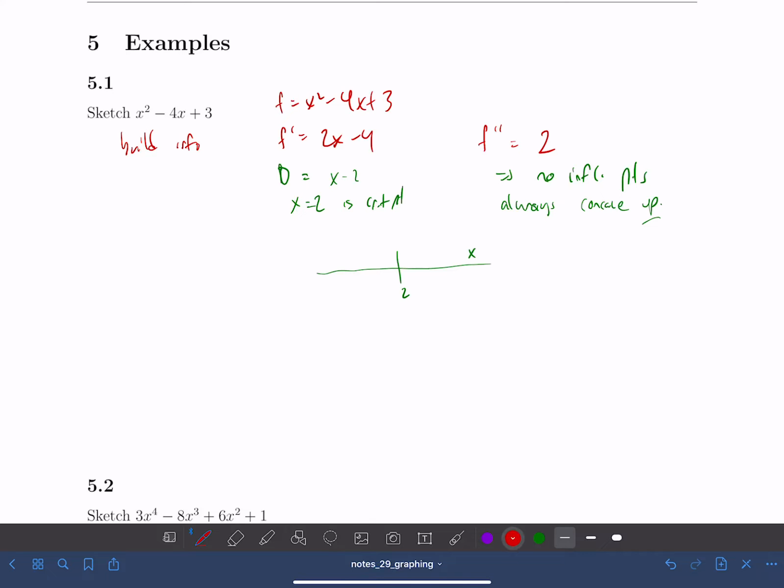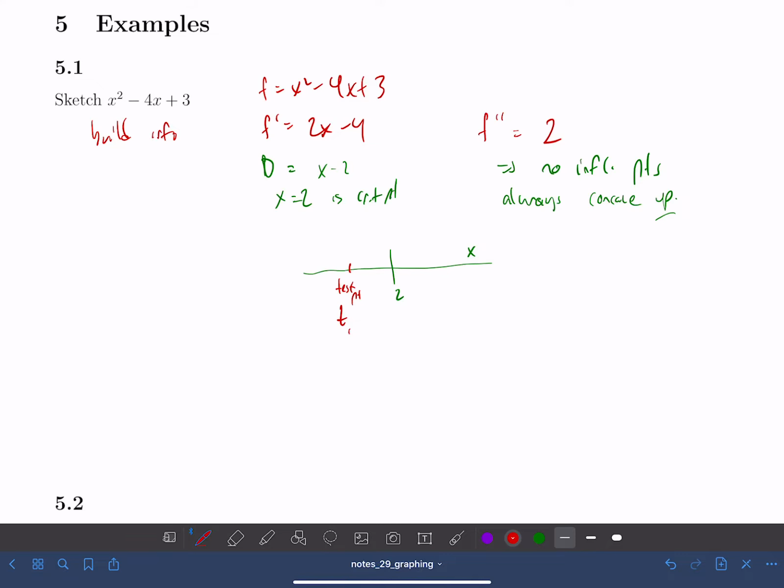So what I'm going to do is draw a number line. I'm going to choose a test point. Let's call that t sub 1, t sub 2. Let's go with 0 because that's really easy, and 3. Those are my test points.